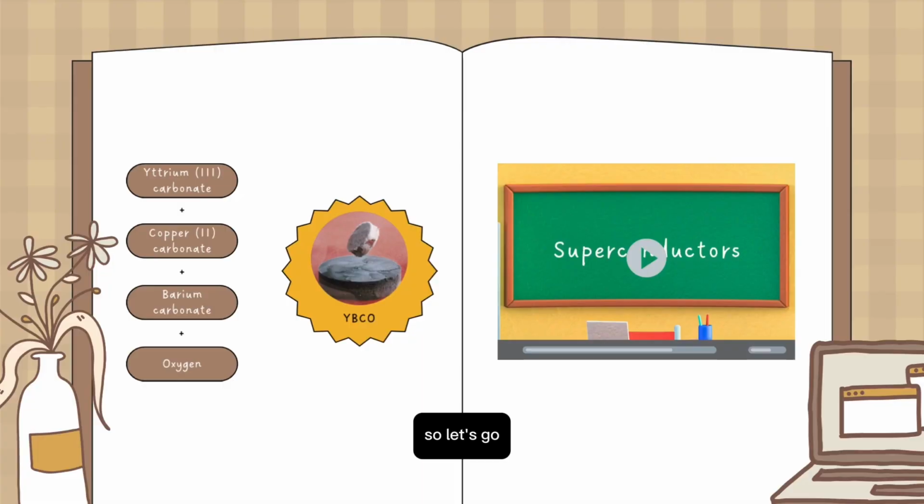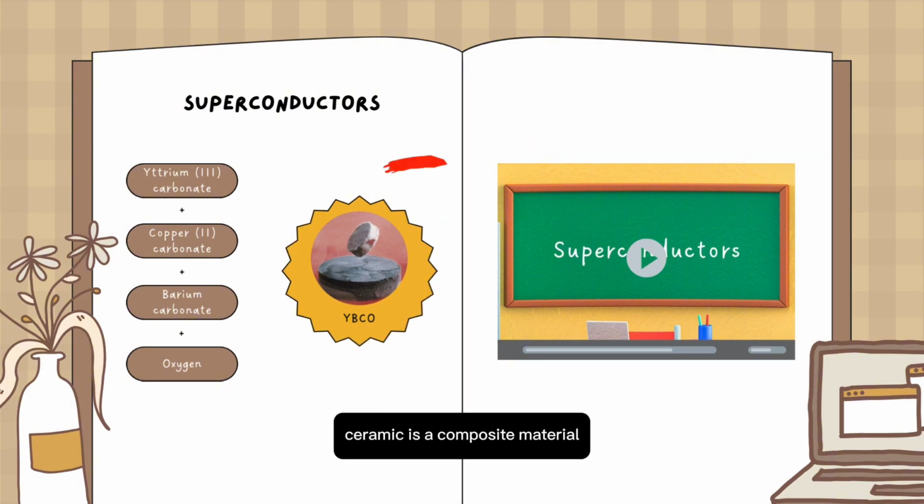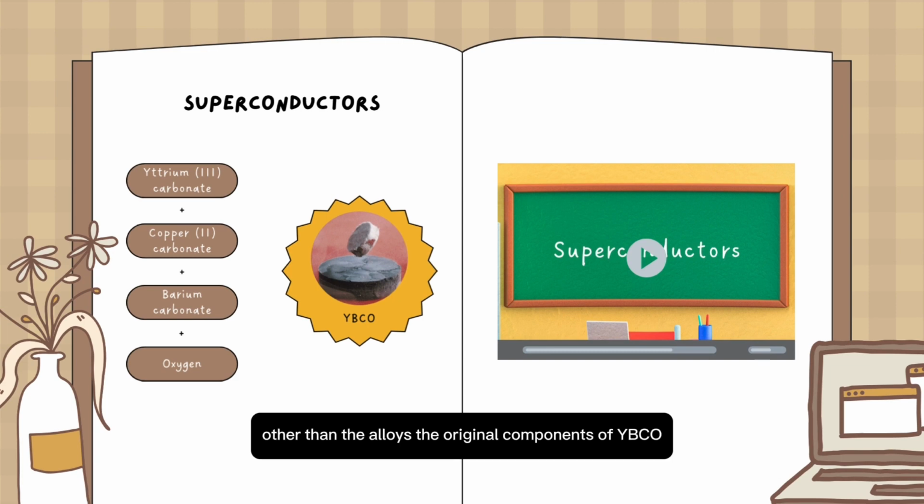So, let's go! Superconductors, including yttrium barium copper oxide, or in short YBCO ceramic, is a composite material that also has superconductivity properties, other than the alloys.